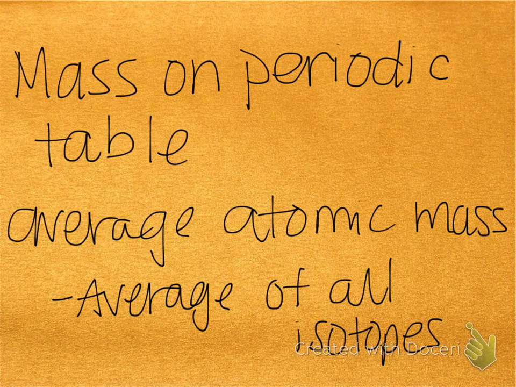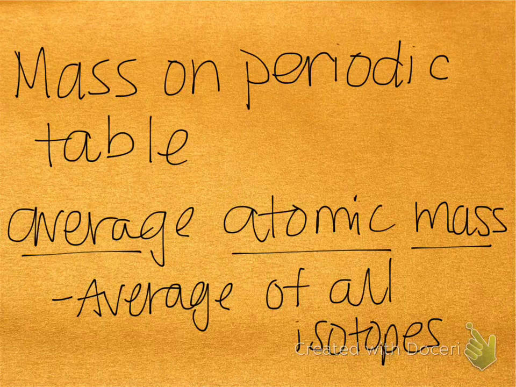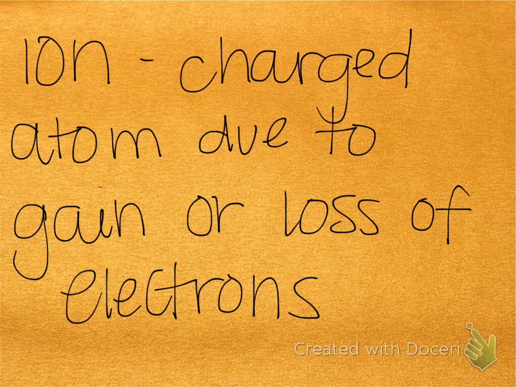So there is going to be another lecture on this, on the average atomic mass. But just know that when you're looking at the periodic table, it's not going to help you determine the number of neutrons directly. Okay?